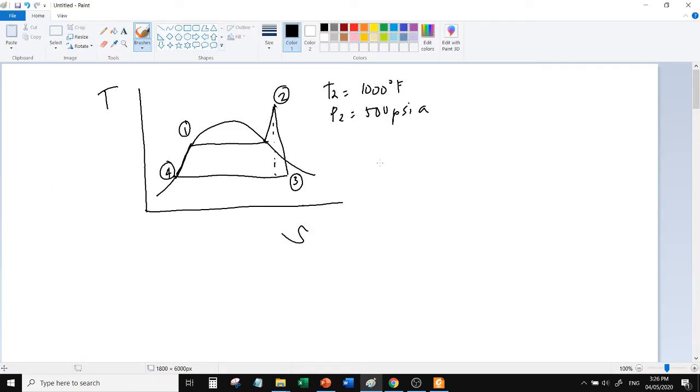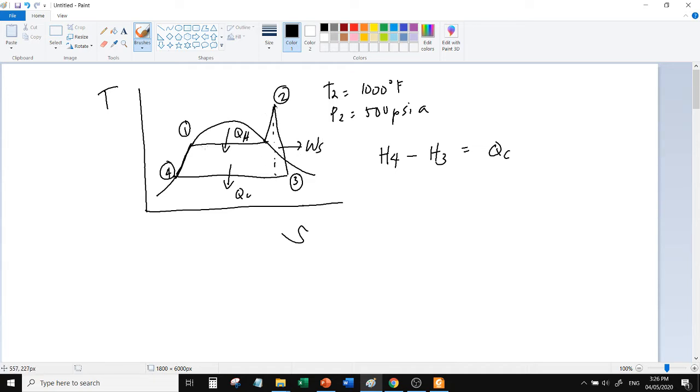The heat rejected in the condenser, we can solve by getting H4 minus H3. So that is QC. This is QH. Then here, work shaft comes out. This is the turbine part.